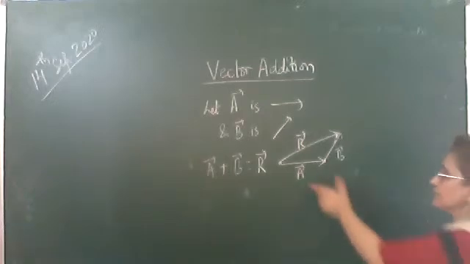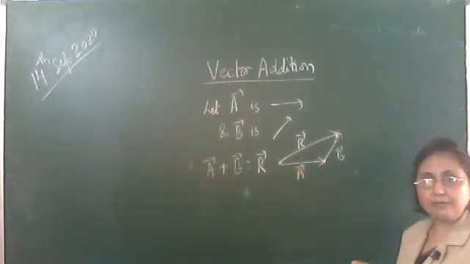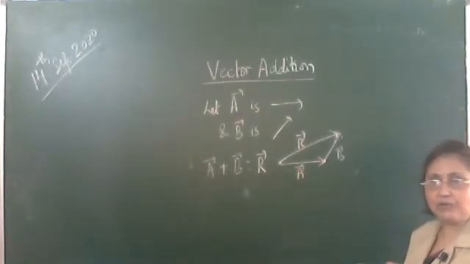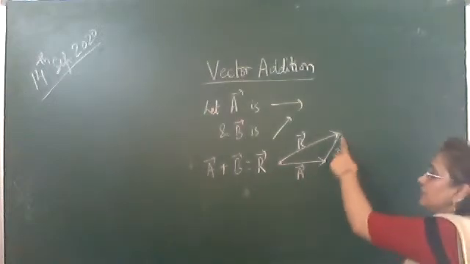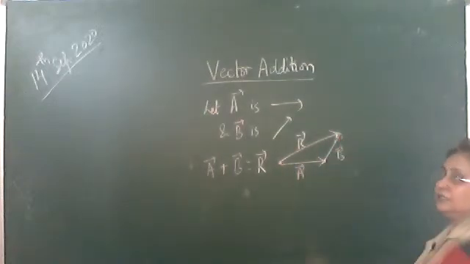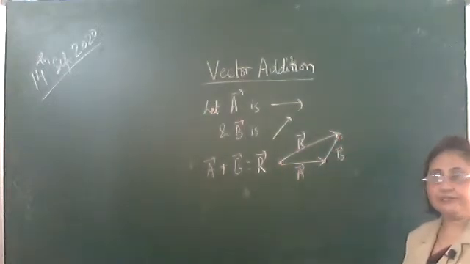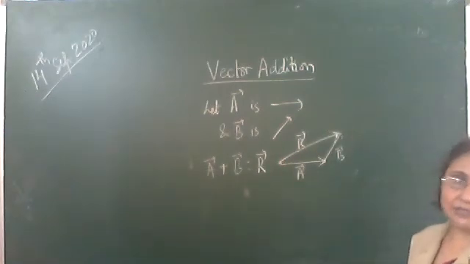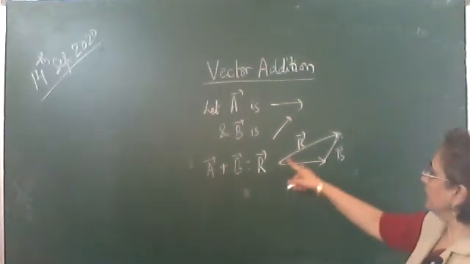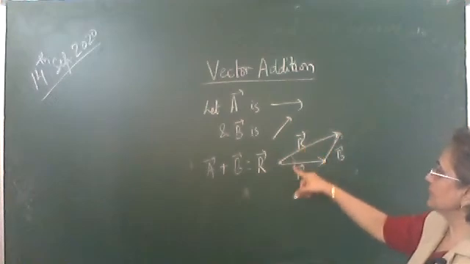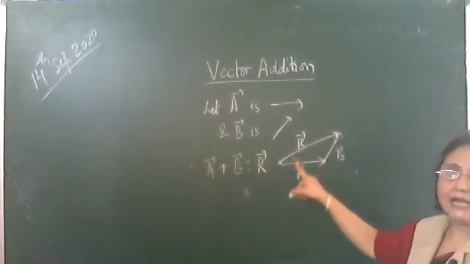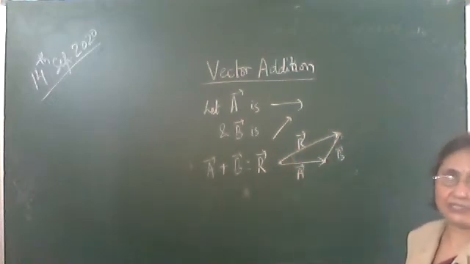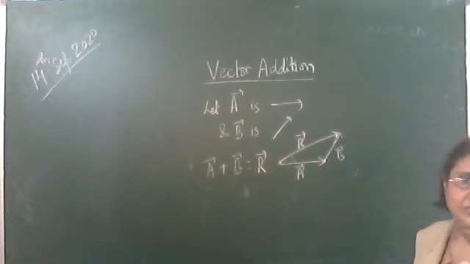First you draw the A vector with the help of a scale, whatever scale you have considered. Then draw the B vector, then join the tail of the first vector to the head of the second vector and measure the length. That will give you the magnitude of the resultant vector. For direction, you can measure the angle it makes with the first vector, which gives the direction of the resultant vector.